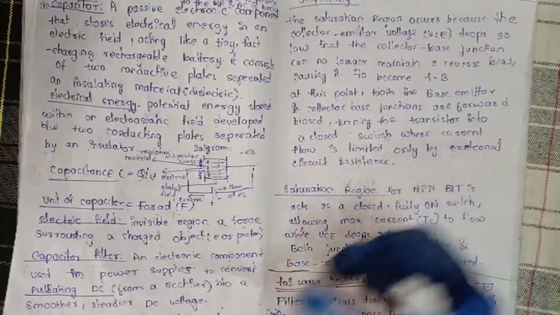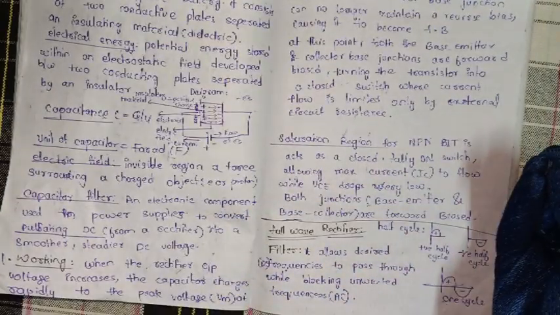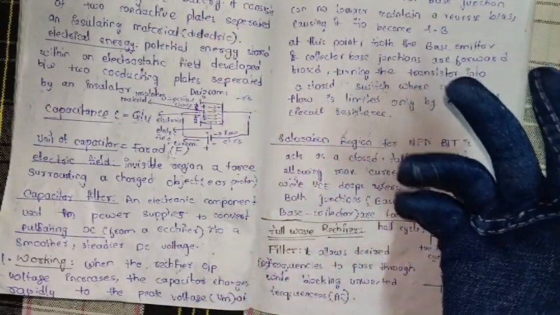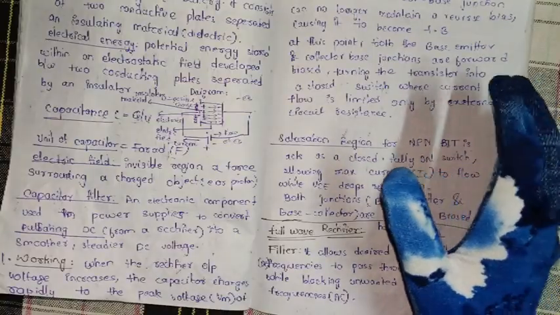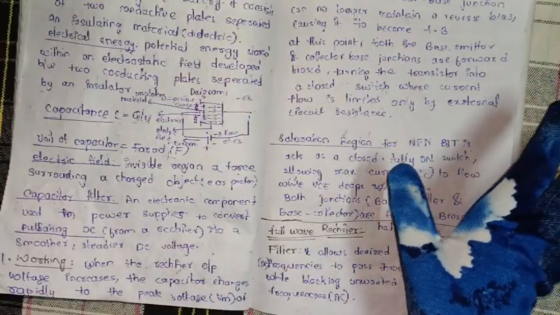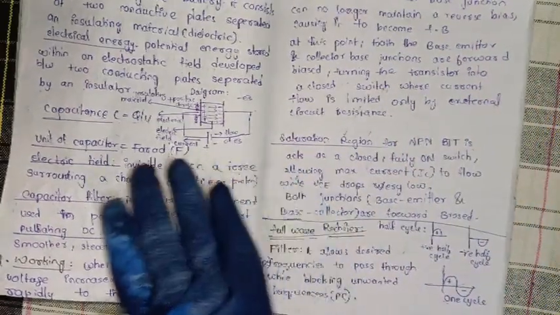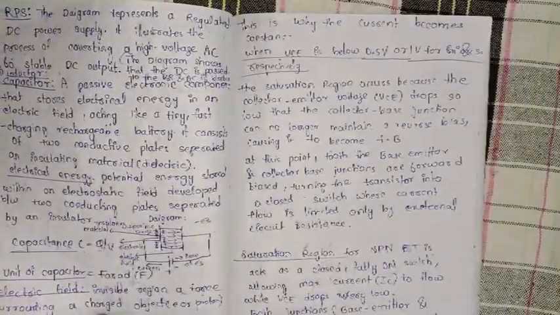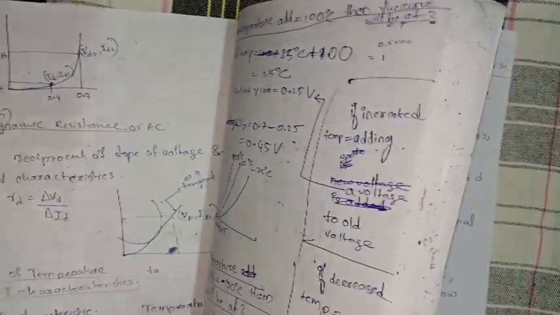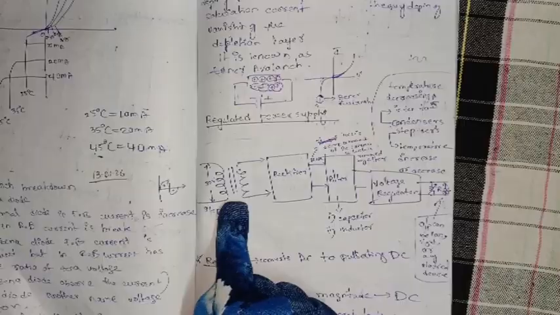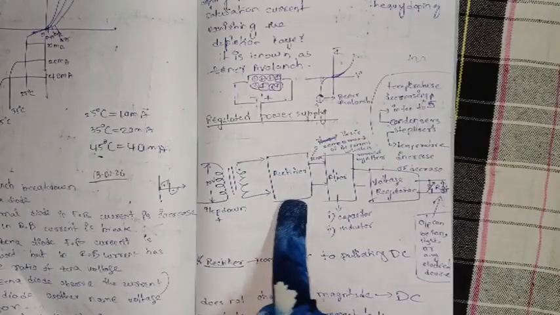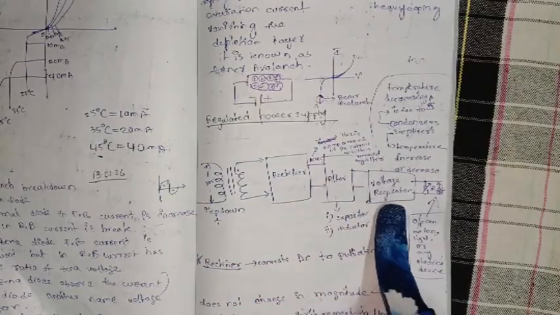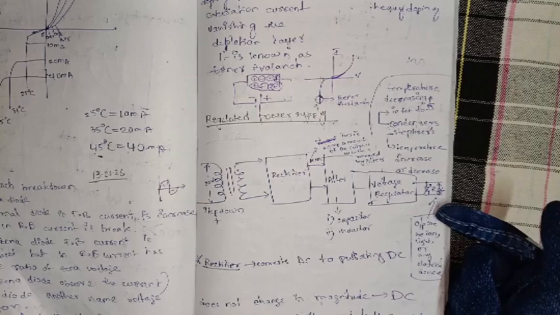So where will this filter be used? In the RPS, meaning regulated DC power supplies. I will show you the diagram of it once. Here it is. Here the transformer is there, then the rectifier, then the filter, then the voltage regulator, then the output.